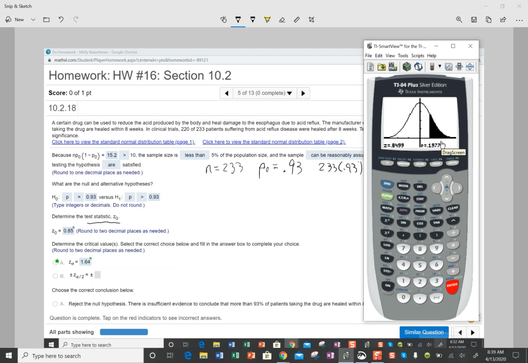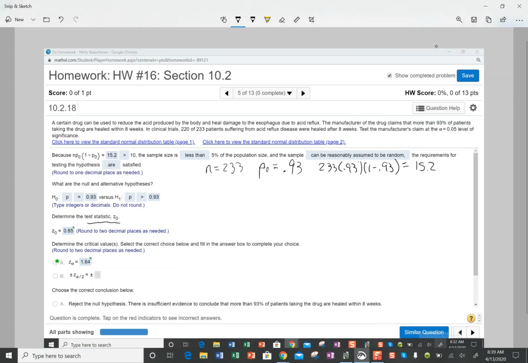That's the probability that if it's really 0.93 you got the result that you did. So your result is not unusual. That's the reasoning behind the hypothesis test. Let me close the calculator for a second. The test statistic tells you that your sample is 0.85 standard deviations above 0.93.